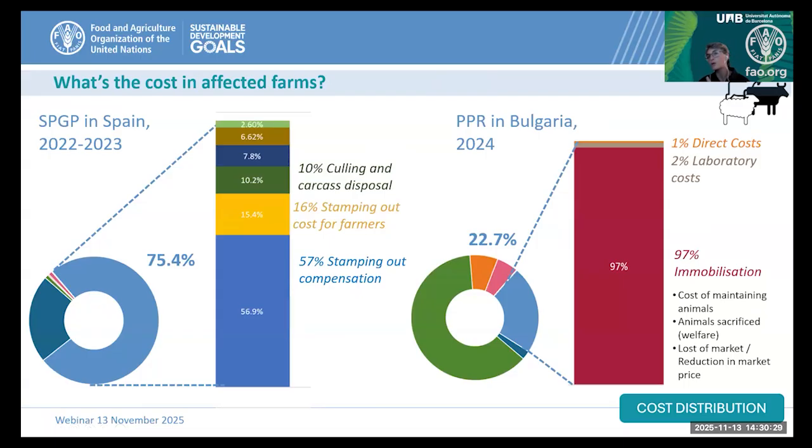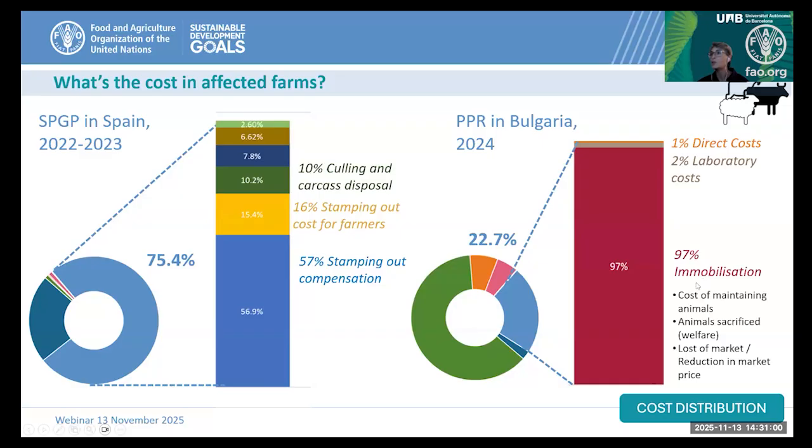If we have a quick look at the other example, PPR in Bulgaria, where I mentioned no stamping out was applied, there was only 1 outbreak, but for this outbreak 97% of all the money the country invested in control was due to the immobilization of farms, and in fact was assumed by the private sector, because there was no compensation for this.